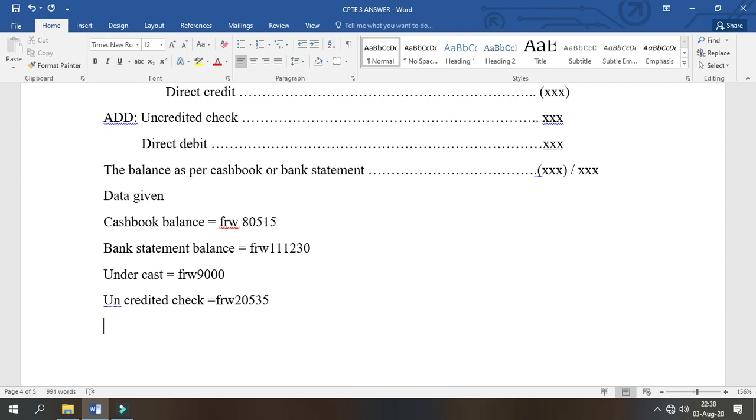Then we have unpresented cheque equal to 42,820 Rwandan francs.